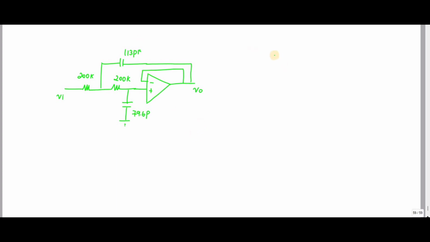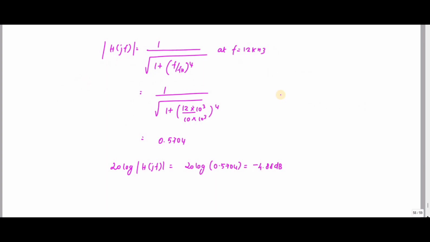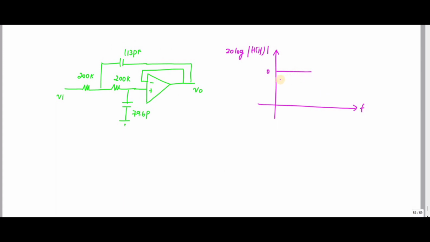So if I plot the values in dB against F, H of j omega in dB is nothing but 20 log of H of omega. So this 1 becomes 0, and at minus 3 dB it gets reduced at some point, right?